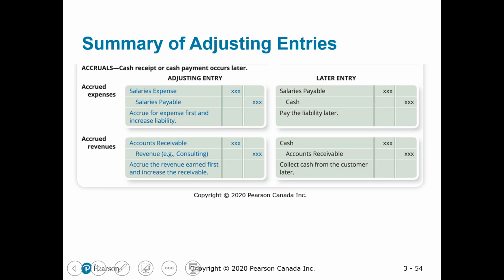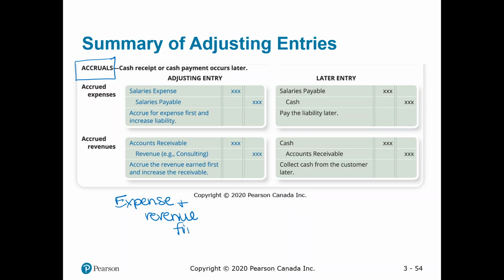Now, accruals are the opposite. So we have to recognize expenses and revenues first. And then the cash comes later. So if you remember accrued expenses, we said we incurred the expense, but nothing had been recorded or paid yet.